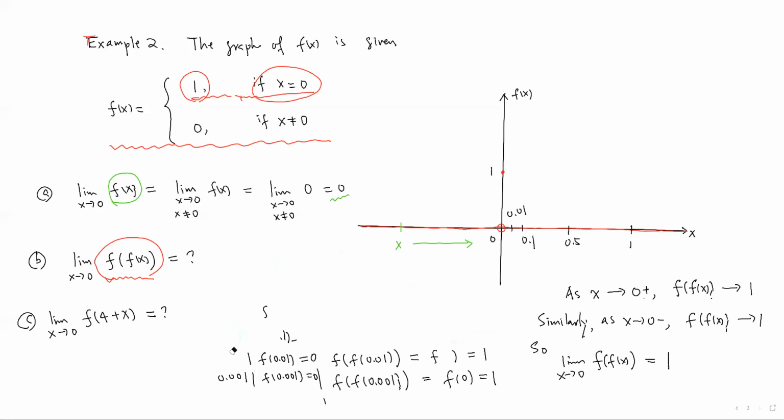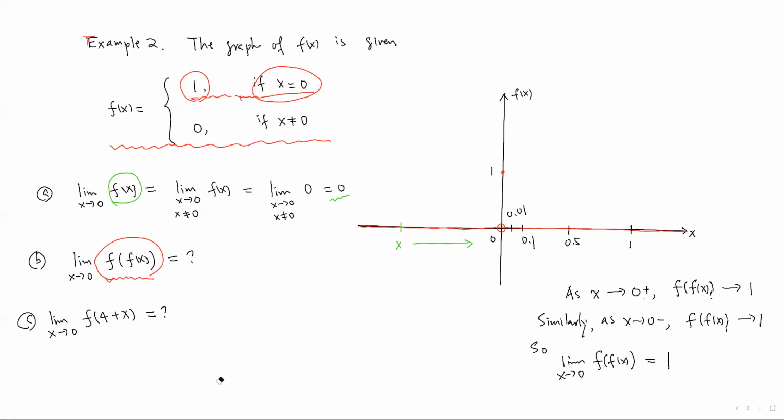To answer this question, again it is better to use a table. Let me make a table. First column, the independent variable x. Because the function has 4 plus x, the second column is 4 plus x. The last column is the function value at 4 plus x.